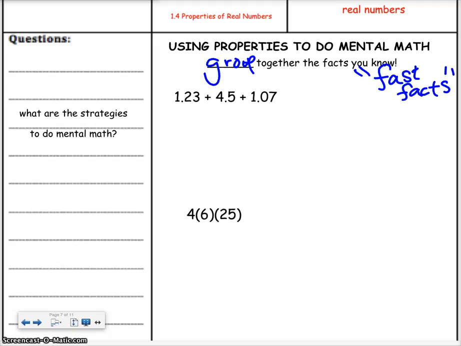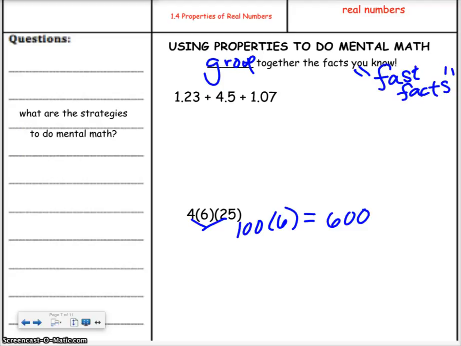What's a fast fact that you know? 4 times 6 equals 24. Can you do 24 times 25 fast without a calculator? Nope. Bet you can't. 4 times 25 is what you want to group together. What's 4 times 25? 100. So this is 100 times 6, 600. So that's applied the commutative property of multiplication, because I flipped numbers or grouped them together, and I can because it's multiplication.